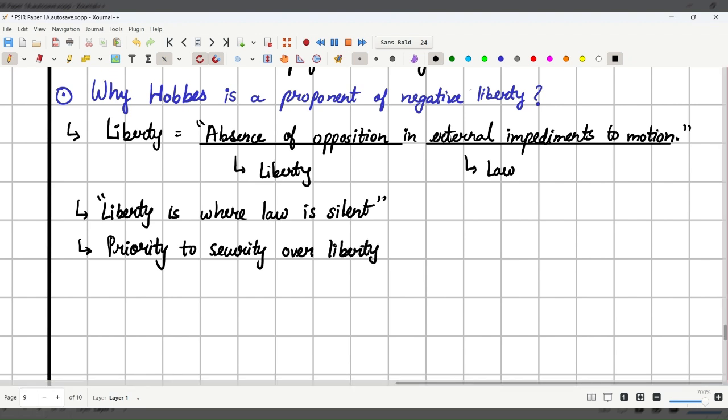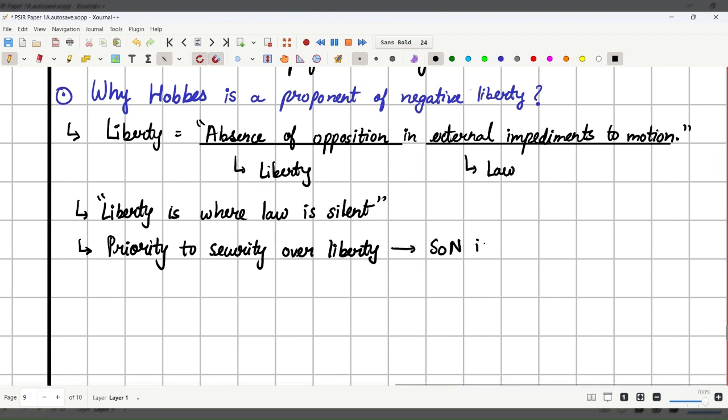okay. What this basically means is that Hobbes has a very pessimistic view of human nature, and that is why he thinks the state of nature is a war of all against all, okay.